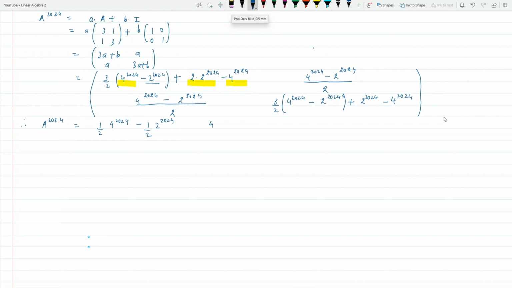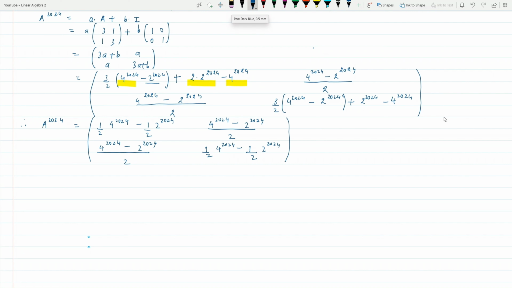Over here we have (4 raised to 2024 minus 2 raised to 2024) over 2, and this also is the same, and the A22 entry is again half 4 raised to 2024 minus half 2 raised to 2024.